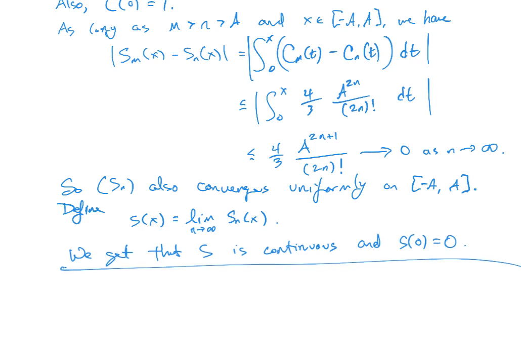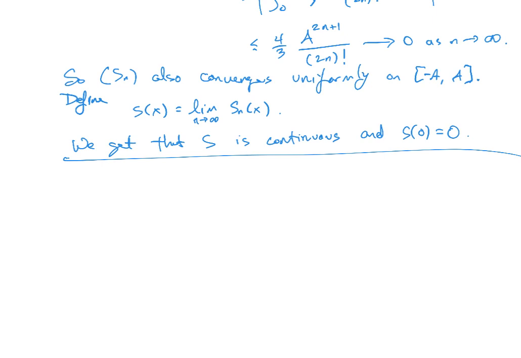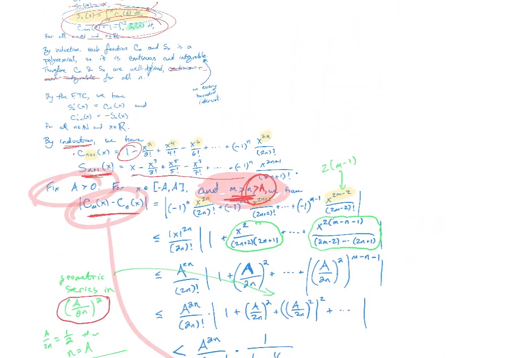All we've done is we've got functions c and s. Here's the thing. Since Cn prime is equal to minus Sn minus 1, let's go back and see where that came from.